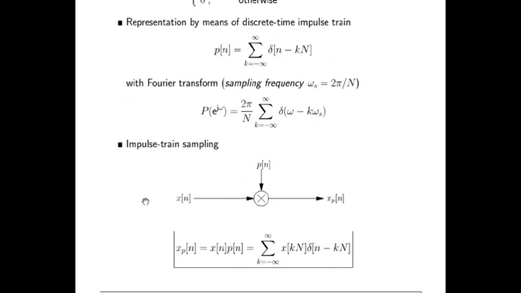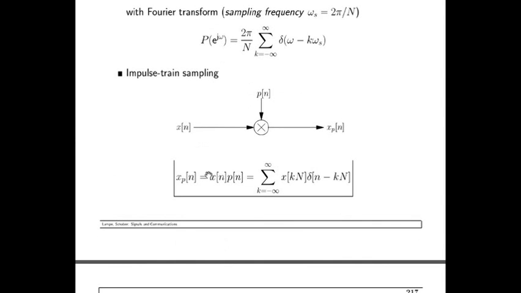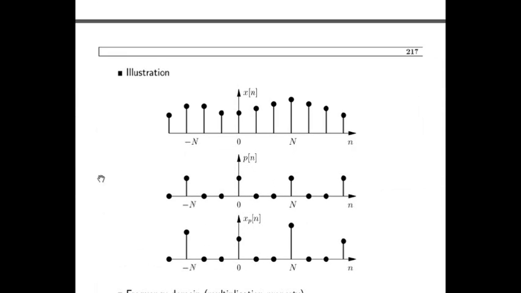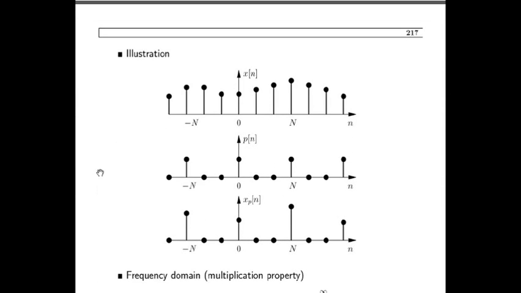Similar to the sampling of a continuous time signal, the diagram is similar, and the expression you can find by multiplying x[n] and p[n]. Now let's illustrate the sampling of discrete time signals with an example. This was our original signal x[n], and this was our impulse train p[n].